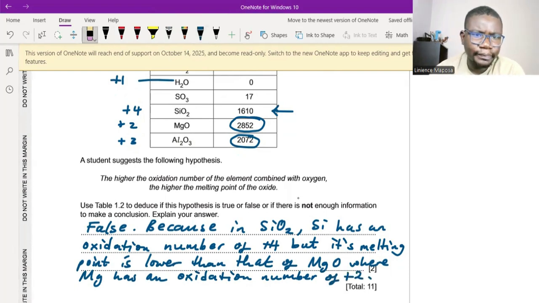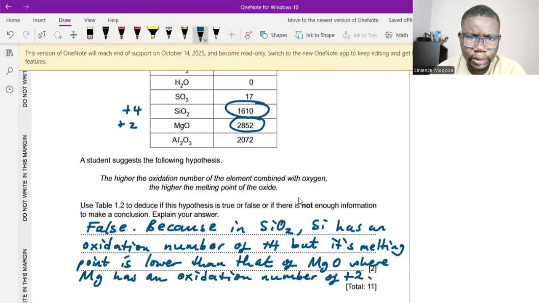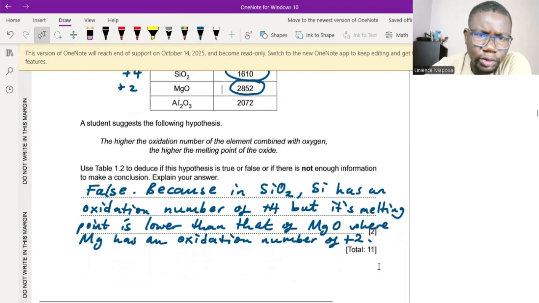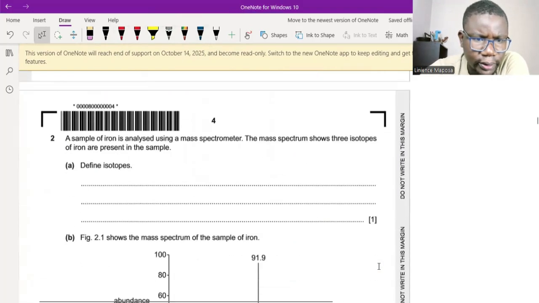Okay, like that. So clearly we could just refer to those. Here I just chose to compare these two. You could compare the bottom two, whichever you compare.